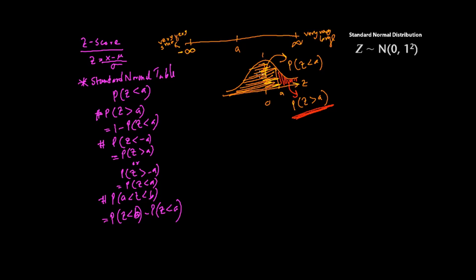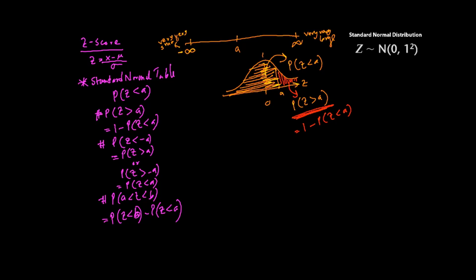Since this is one and the same, if we say the whole thing is 100% or 1, and if this area is something, then this area is automatically going to be equal to 1 minus probability of z is less than a. So if this is what you have in the table, and you want to know this area, you take the whole area 1, you remove this, and you get this area. That's the logic behind it, just geometry. This is the shaded region concept. That is how it is working.